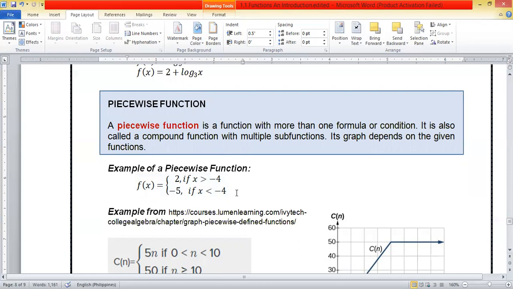For example, if the value of your x is 0, what's the value of your y? If the value of x is 0, then it is in this condition, since 0 is greater than negative 4. So the value of your y is 2. So we say that our ordered pair is 0, 2.